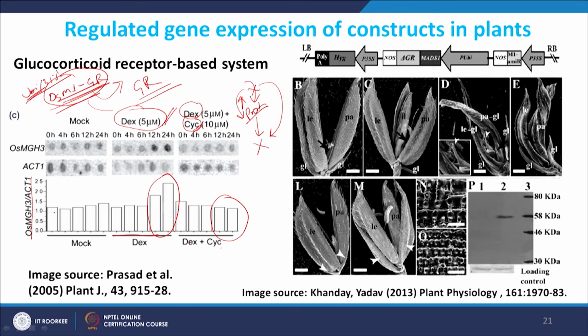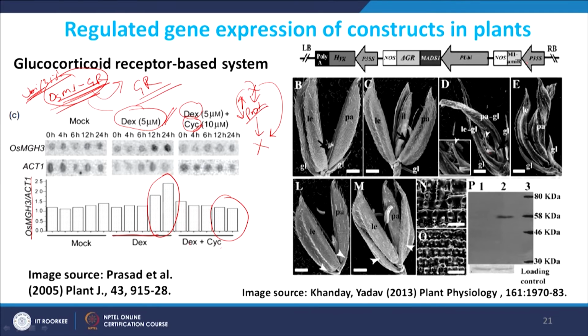Then if you look at this construct, this is another very important one. When you down regulate the MATS1 gene, all the floral organs are defective and you will not make fertile seeds. You can see here the floral organs are getting converted into leaf-like structures, or lemma and palea-like structures, so you will not have organs.